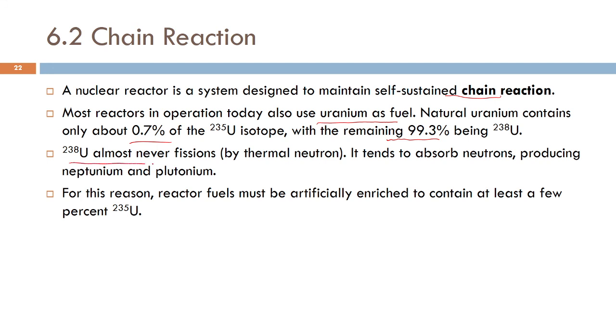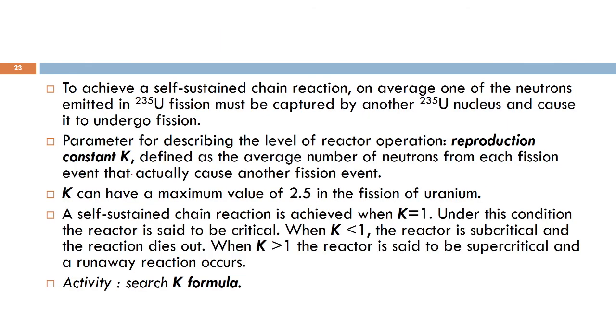Uranium-238 enables fission by thermal neutron absorption, producing neptunium and plutonium. For this reason, at least 3 to 5% of the uranium-235 has to be enriched.